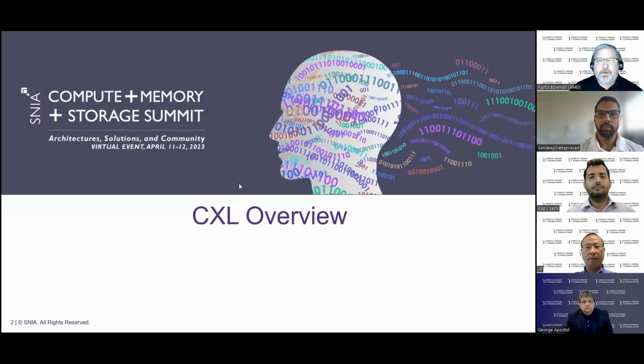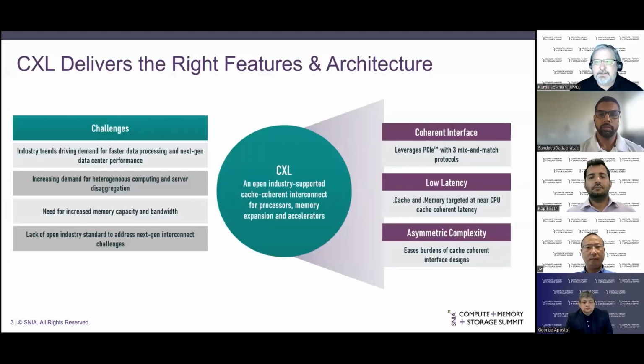Let me start real quickly by going over a quick overview of what CXL is. And it starts off with, why do we need CXL? Well, a group of folks got together, and the companies they were working with said, hey, we need something that is a much faster interface than what we currently have in systems.